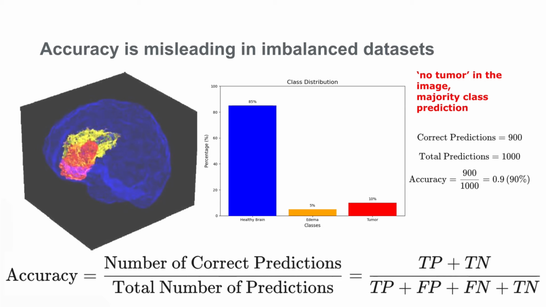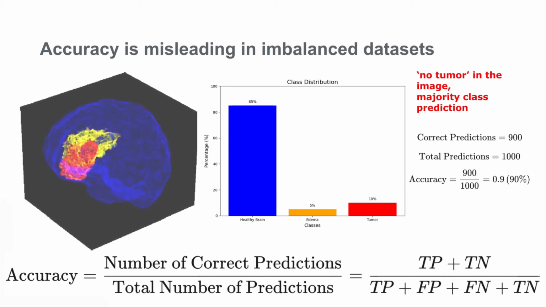We want to detect the tumor, and if we're doing something like radiosurgical planning, we want to get as much of the tumor as possible while sparing the healthy tissue. If we say that, okay, there is no tumor in this particular image, we basically created a useless classifier, but the accuracy is going to appear to be very, very high.